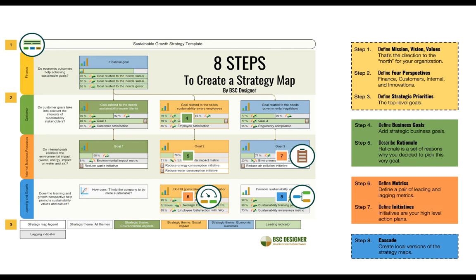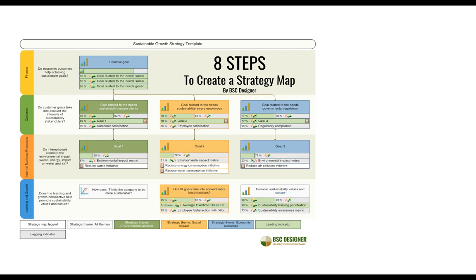So these were the 8 steps to create a strategy map. Now, typical mistakes. And how do we know what the typical mistakes are? Well, we do strategy execution training where the participants build a prototype of their strategy scorecard.